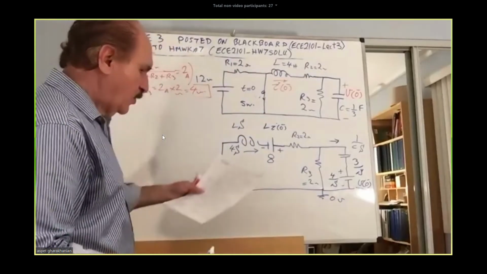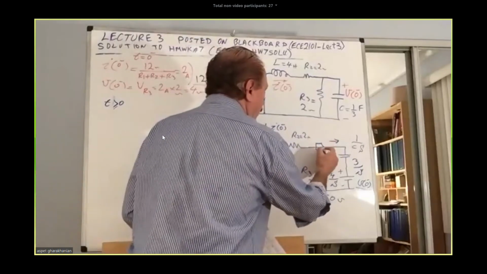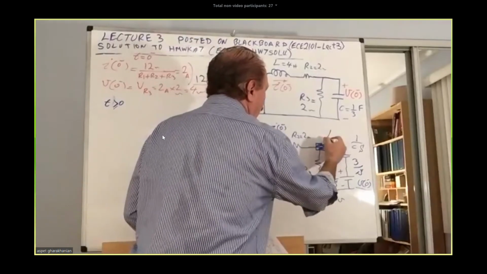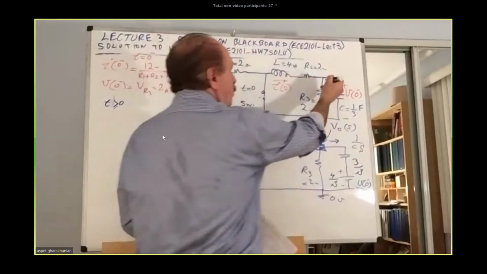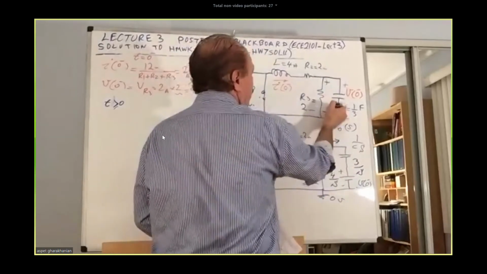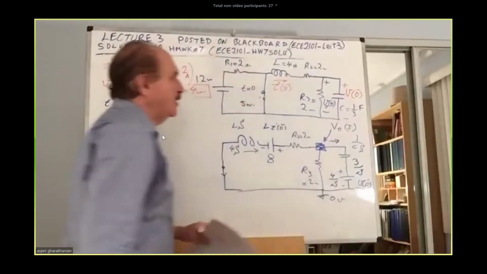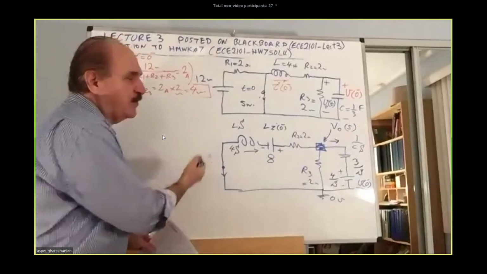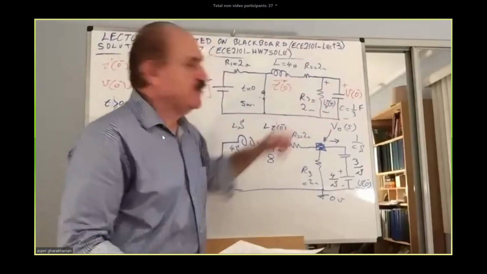And now we need to calculate what is voltage here, VO of S. In other words, we want to know what is this VO of T, the function of time. Objective of the problem is to, given the initial condition, to calculate voltage of that resistor.